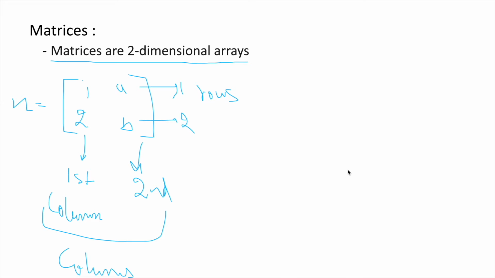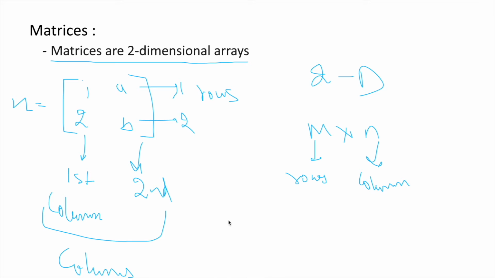And one more thing, a 2D array is represented by m cross n dimension. This means that we have m number of rows and n number of columns. So this is how we represent the dimensions.